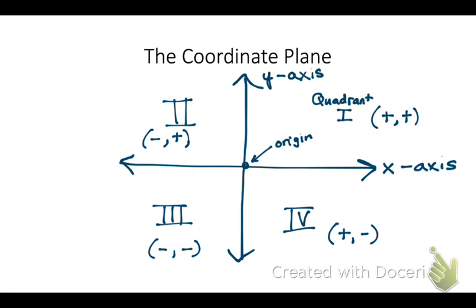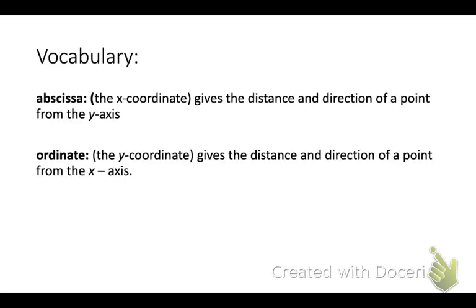Okay. Good. Some fancy words that you might want to put in your vocabulary just to make yourself sound smart when you're talking to people. Make yourself really feel like a mathematician. We have the abscissa. Did you ever hear that one before? Well, now you got it in your repertoire. The abscissa is just a fancy word for the x-coordinate.